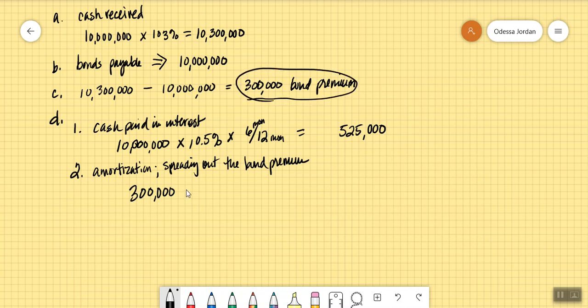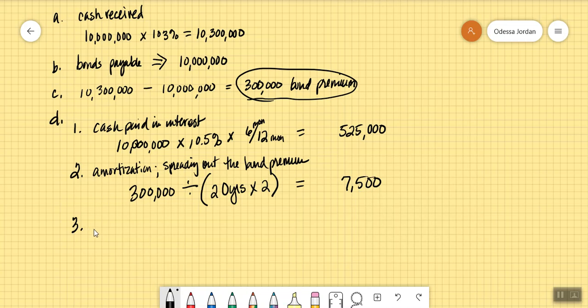We divide that by the length of the bond, which is 20 years times 2. Again, it's being paid twice, it's accounted for twice a year. So that's 7,500.